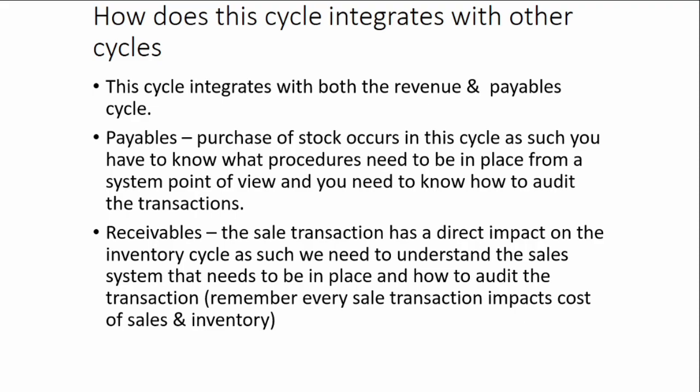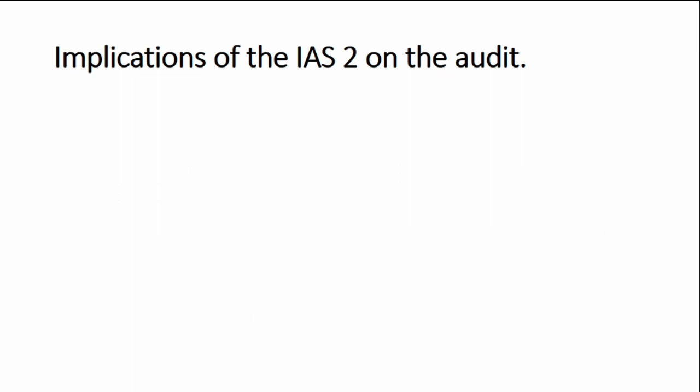So we need to have a thorough working knowledge of both the revenue and the payment cycle when we start talking about the inventory cycle. If you don't have that type of knowledge, I would suggest that maybe you go back and read over your notes on the revenue and payment cycle now before you continue trying to understand and come to grips with the inventory cycle.